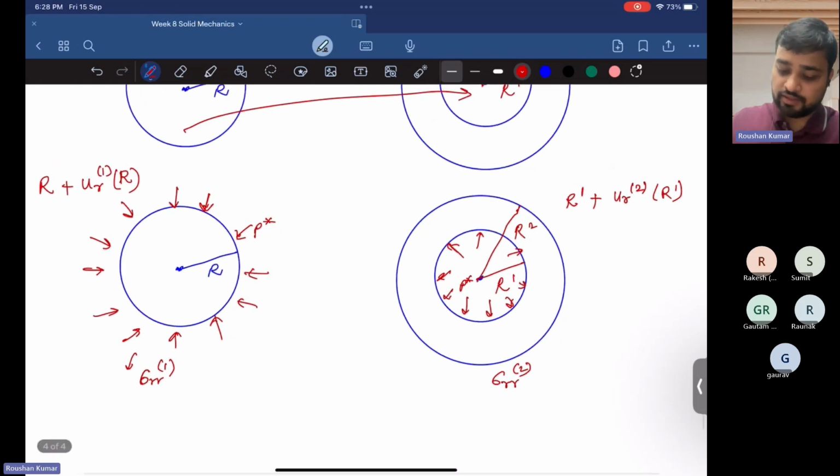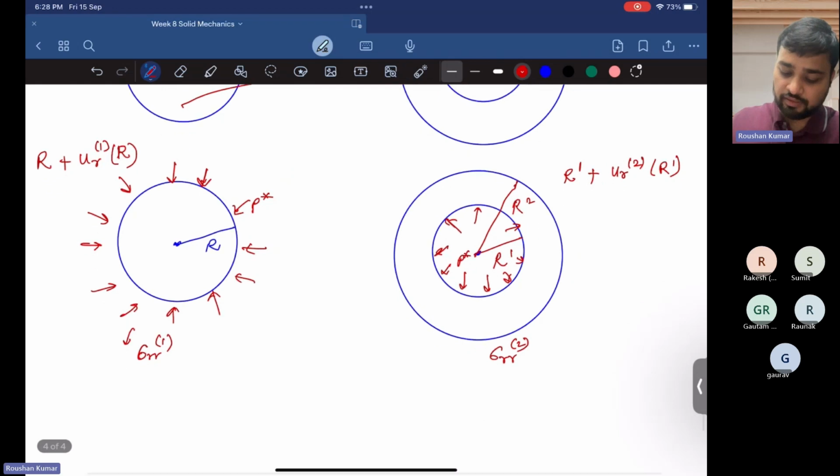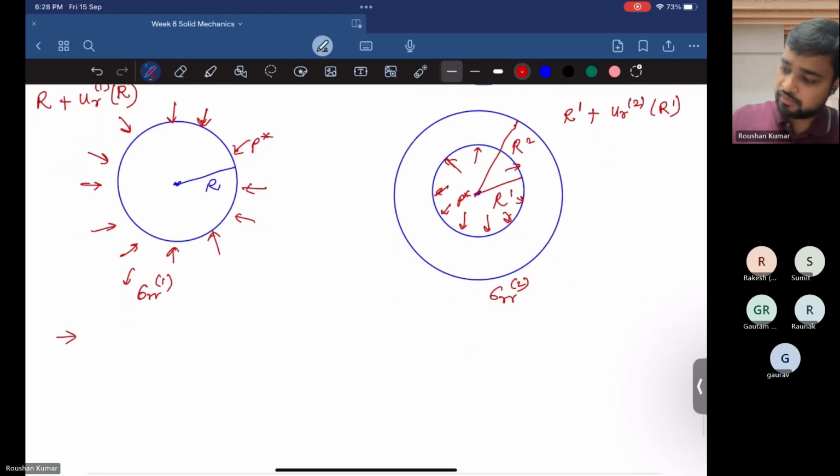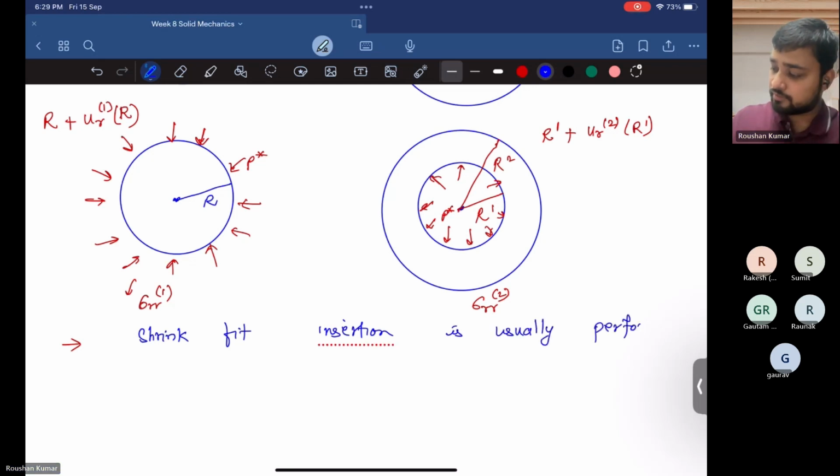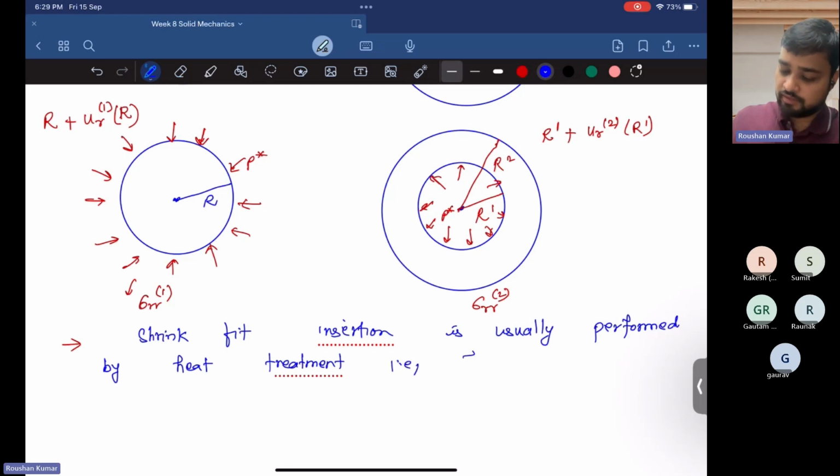Now I am just writing here: shrink fit insertion is usually performed by heat treatment, that is, by heating the hollow disk.